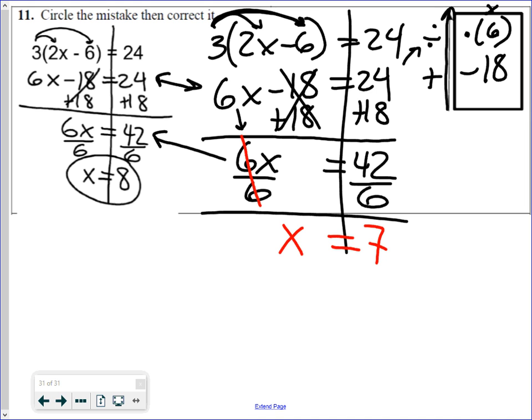Okay, so that means my mistake then is here. Basically the answer. 42 divided by 6 is 7. It's not 8. So basically it was all right until that very last step, and they miscalculated.